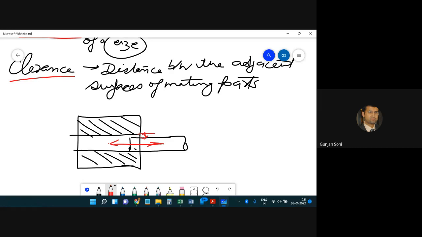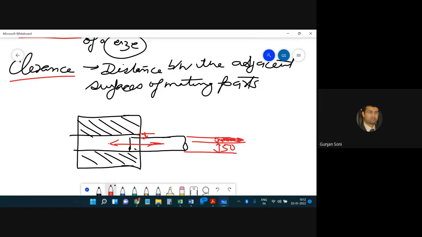let's say your basic size of the shaft is 50 from here to here. This is 50. Okay, and this much it can vary. The size of the shaft can vary in this shaded region.